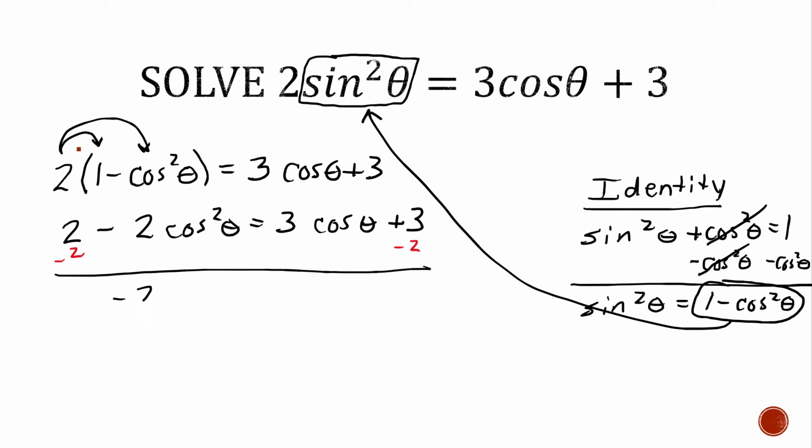So now I have negative 2 cosine squared theta equals 3 cosine theta plus 1. All right, and then the last thing I'm going to do with this is add the 2 cosine squared to both sides.